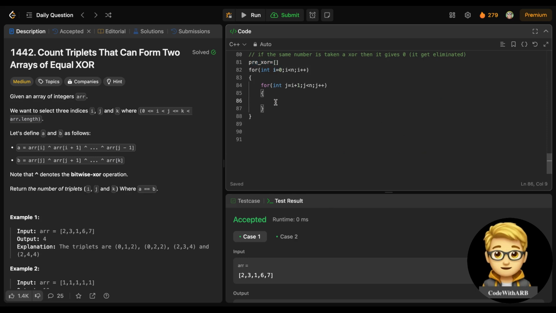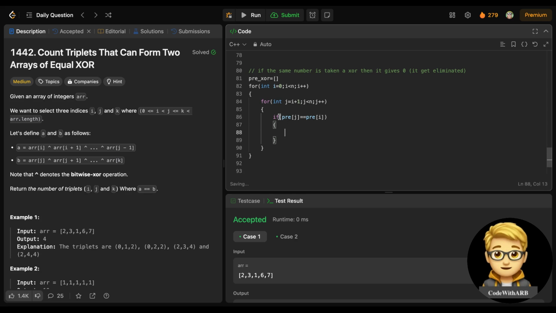So what would be the answer? If my prefix j is equal to prefix i at any point, what does it mean? It means between these values, all the triplets which would exclude this and this, we got our answer, right? What? i minus j minus 1.